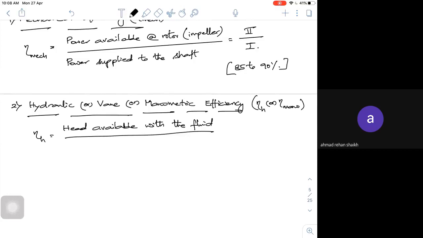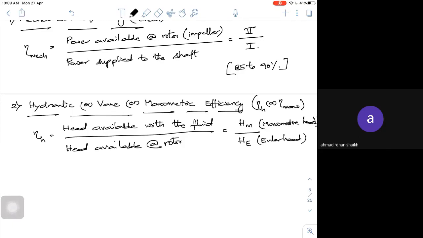The head available with the fluid is the manometric head. The head available with the rotor or impeller is also called the Euler head.